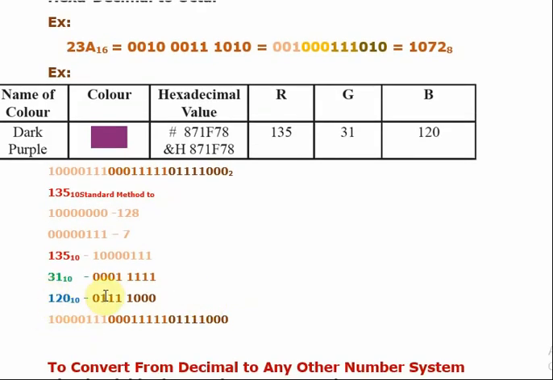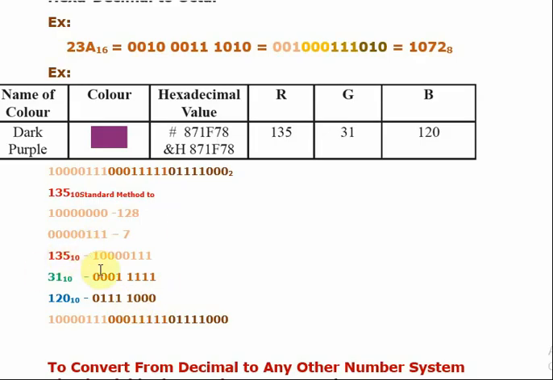120 is closer to 64. Likewise you can see the remainder. From the remainder, the next closer value comes. Likewise you can write. Otherwise you can simply divide by 2 and go: 135 and 31, divide by 2, put the remainder. I will show you that finally, but this is also a very convenient method.